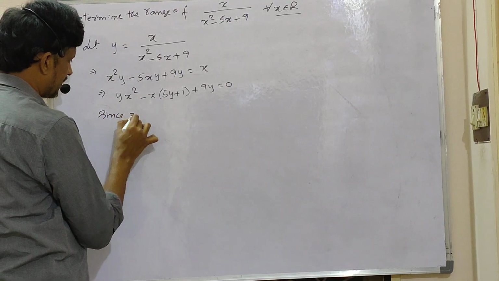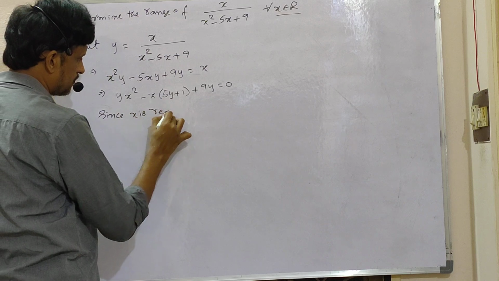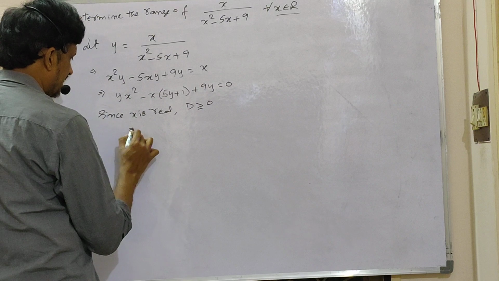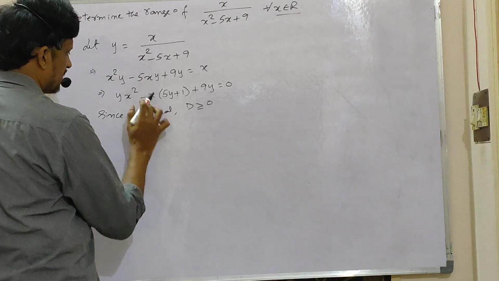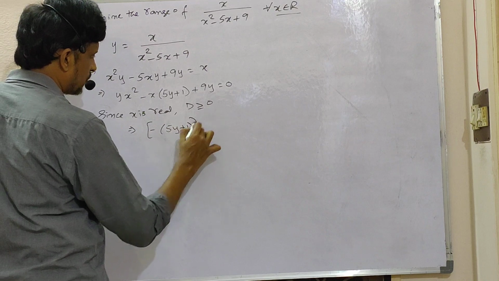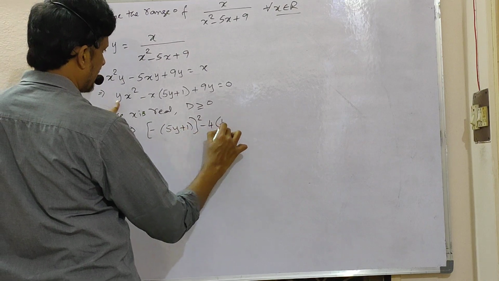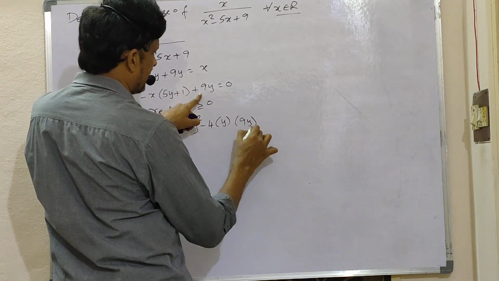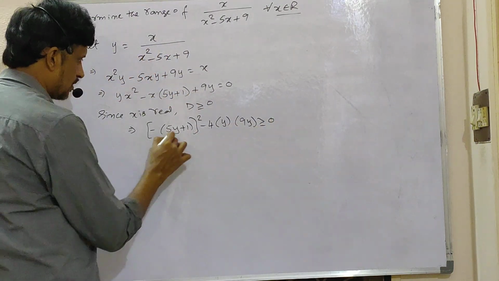Since x is real, the discriminant is greater than or equal to 0. That is b square minus 4ac, which means (5y plus 1) whole square minus 4 into a, that is the coefficient of x square, y, into c, that is 9y, is greater than or equal to 0.